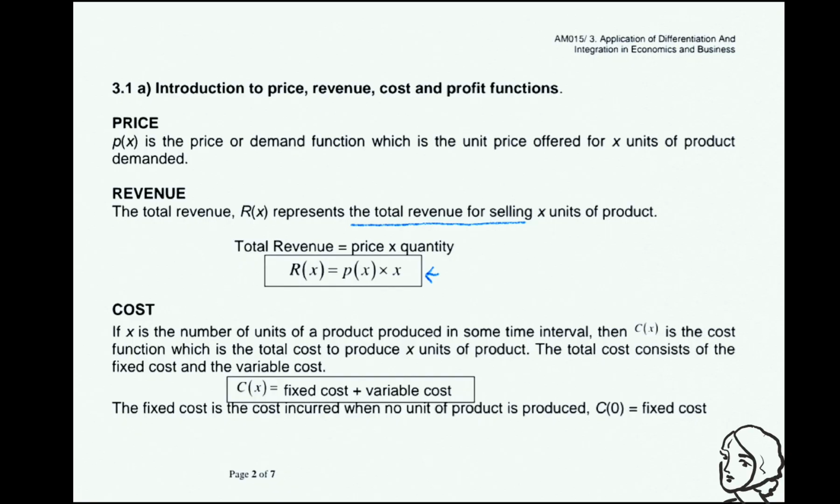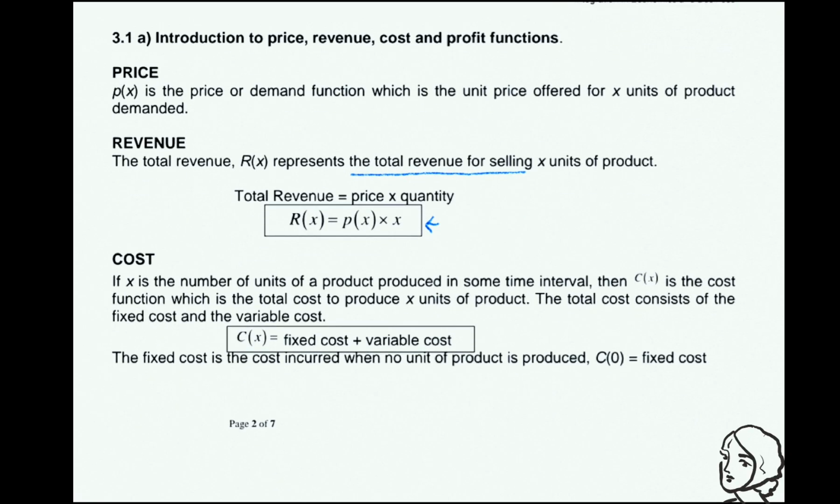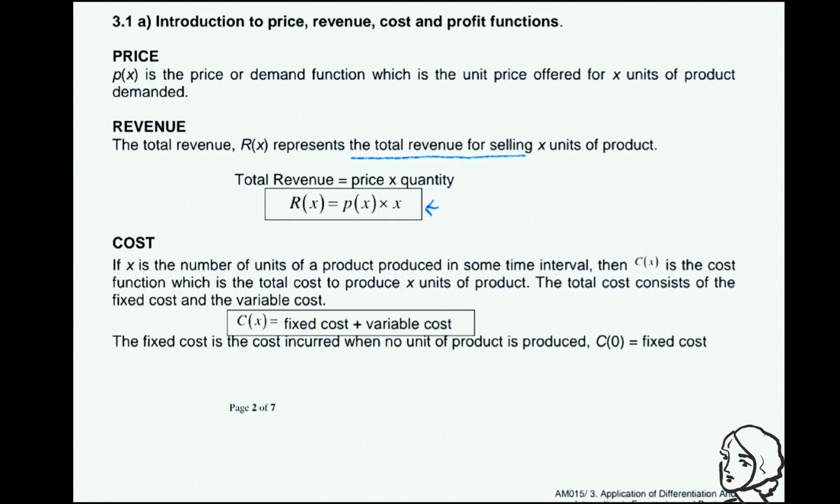And what is cost? So let's see. If X is the number of unit of a product produced in some time interval, then C of X is the cost function, which is the total cost to produce X unit of product. So the total cost consists of the fixed cost and variable cost.